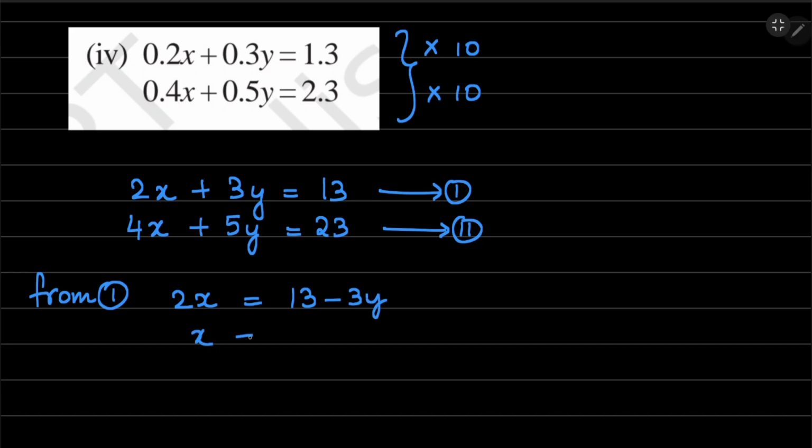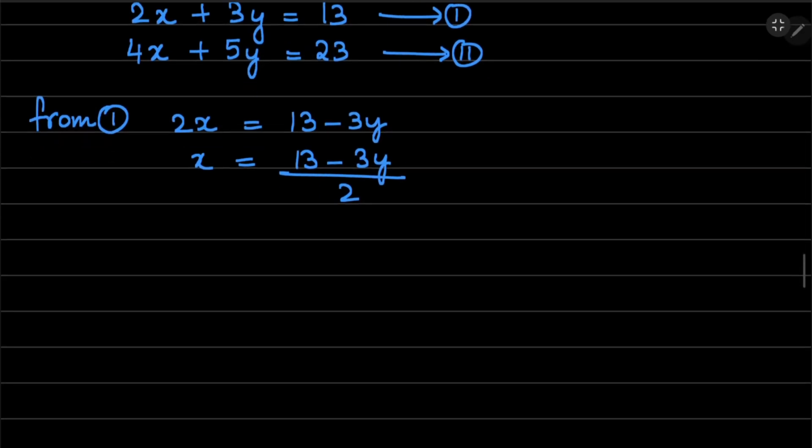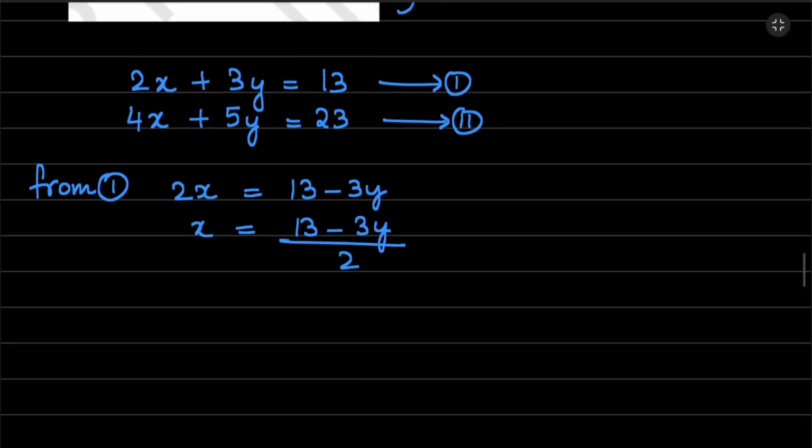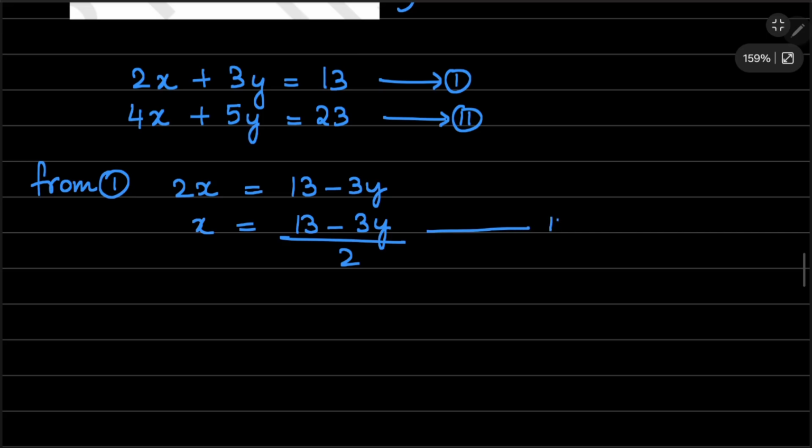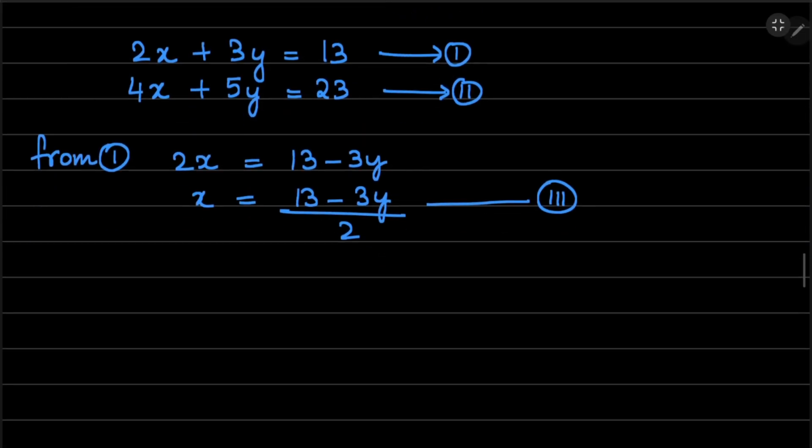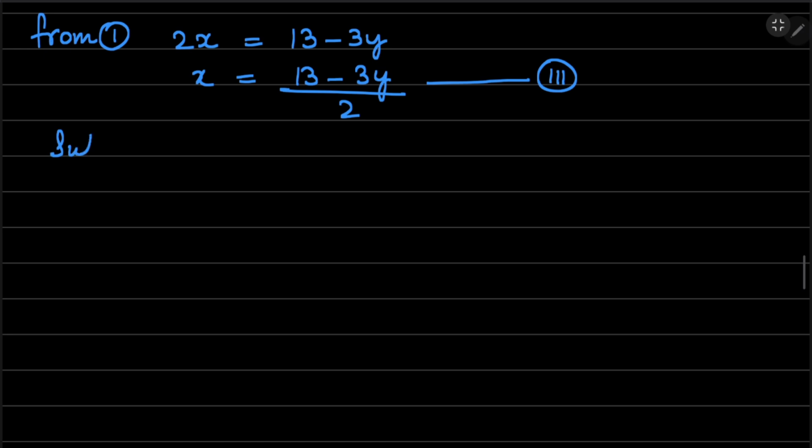So x will be nothing but 13 minus 3y divided by 2. Let this be equation 3, as I said. This is how exactly we do it whenever it's a substitution method. Now substitute equation 3 in equation 2.